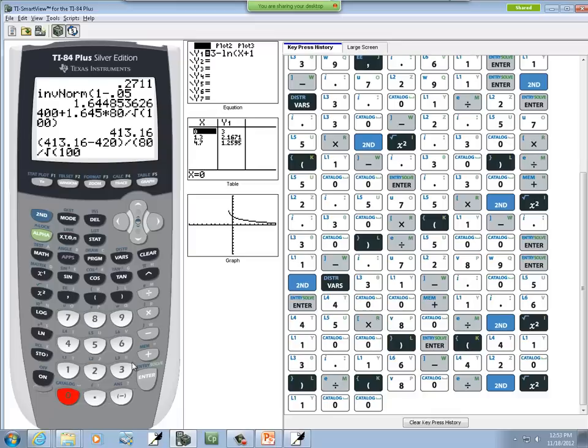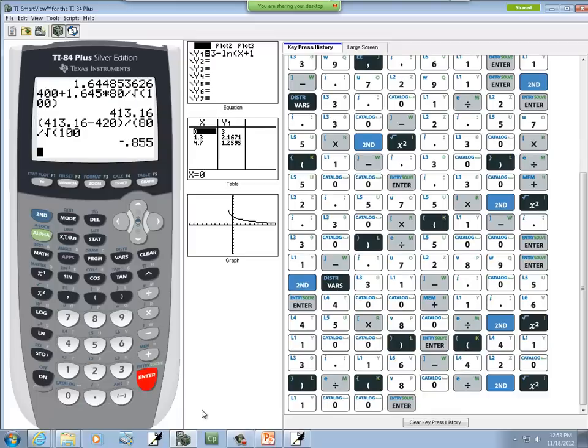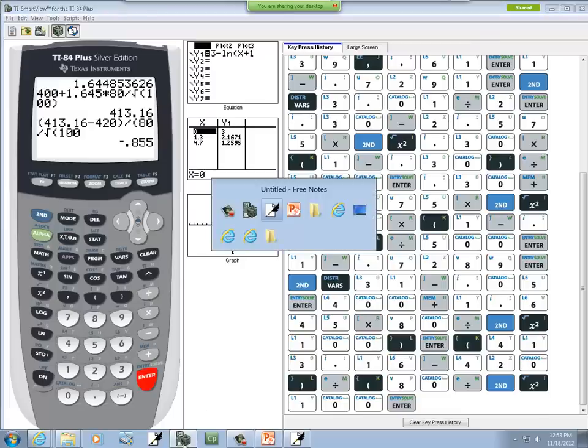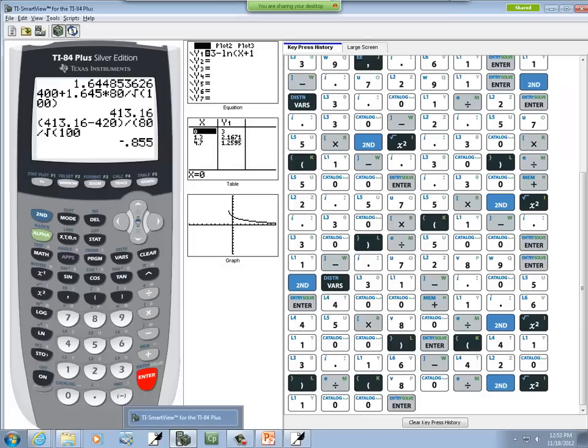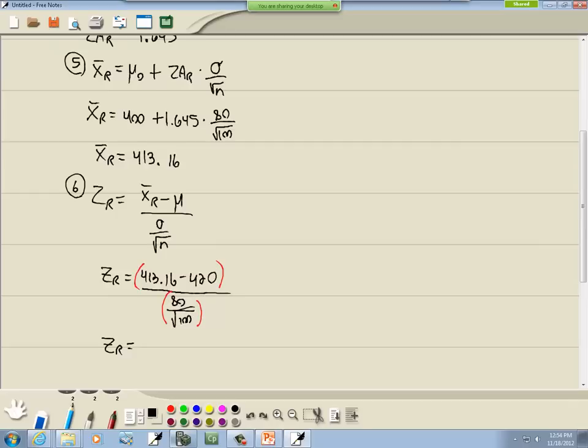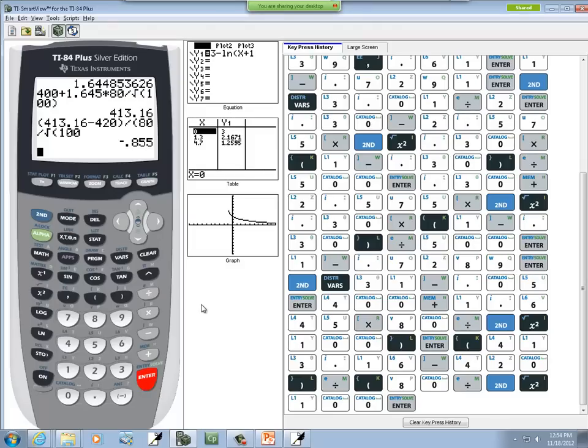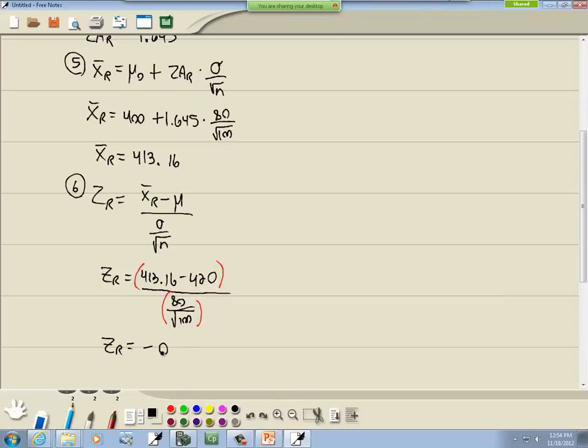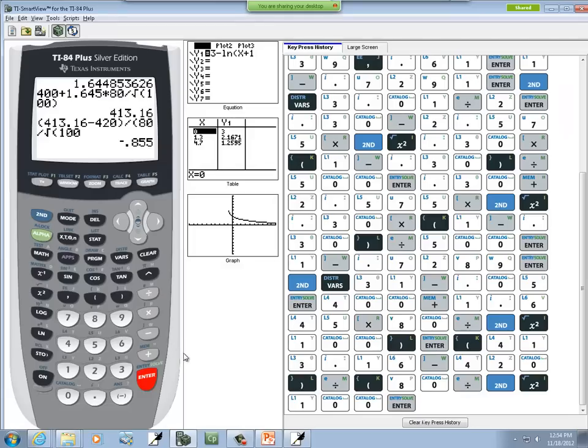And you don't have to put closing parentheses at the very end if you don't want. So let me double check how I entered that. That looks good. Okay, so what did I say? 2 decimal places? Negative 0.86.